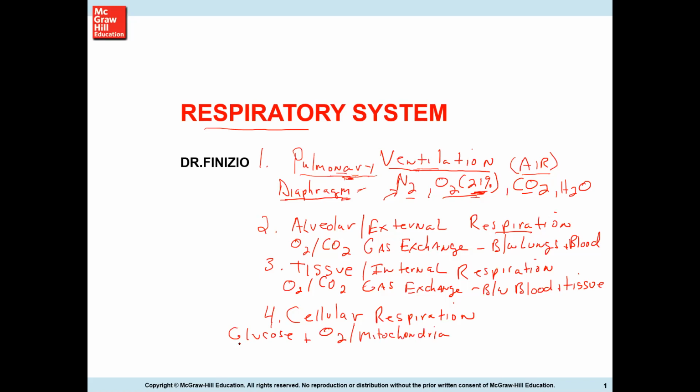So look at this. Oxygen goes into the mitochondria, and then you have the cycles: the Krebs cycle or tricarboxylic acid cycle, and the electron transport chain.